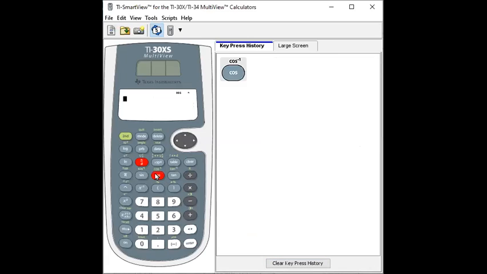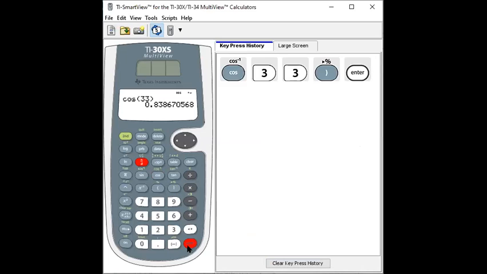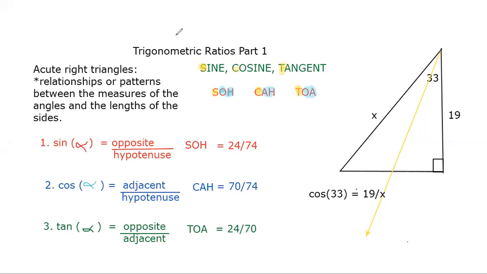Let's just go to our calculator and figure out what the cosine of 33 is. Use your cosine button, 33, right parenthesis, enter. So 0.84 equals 19 over x. Remember, when you have your variable in the denominator, you have to multiply both sides by that variable to cancel it out of the denominator.